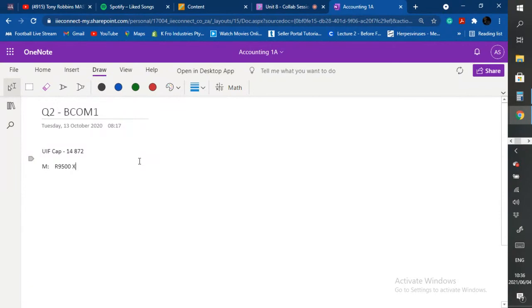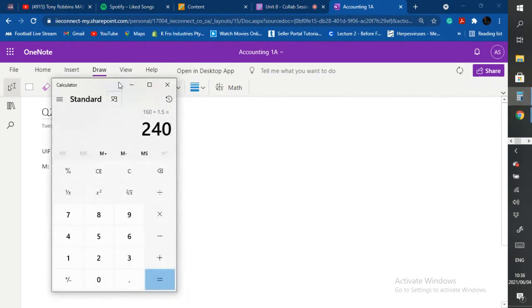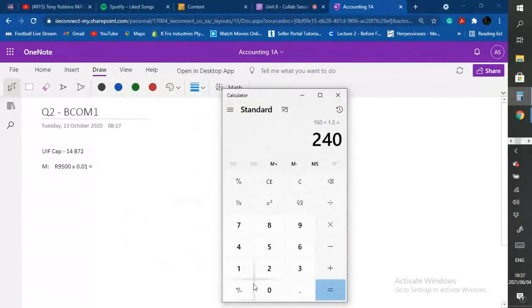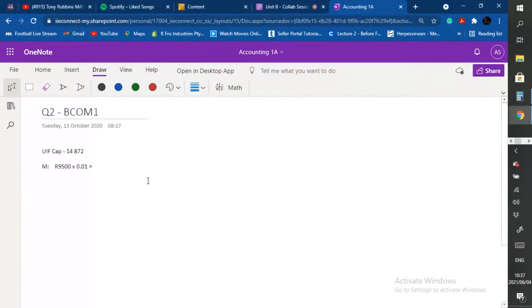Since that is less than 14,872, we can immediately calculate the 1%. Let me pull out the calculator: 0.01 times 9,500, and we get 95.